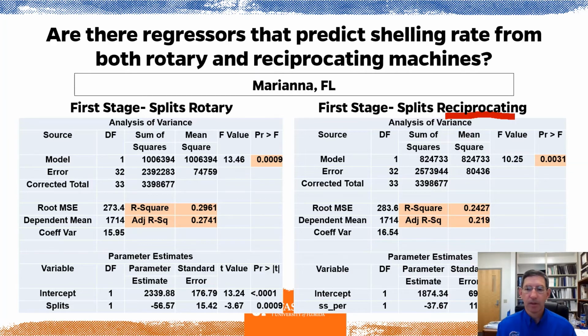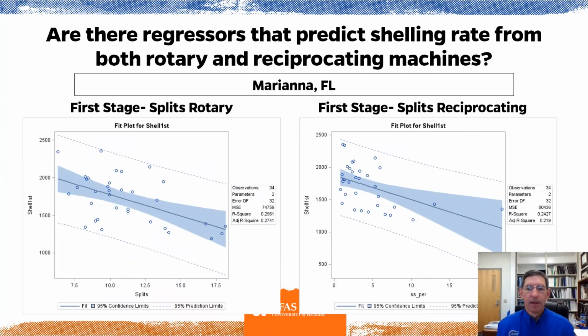There was definitely a linear relationship, but there was quite a bit of variability around the lines, explaining only about 20 to 25% of the variation in first stage shelling. And you see here that there was a broader range of splits generated in the reciprocating sheller process from Marianna, up to over 20%, about the same range that we see here in the rotary sheller from the same samples. But again, a preponderance of those less than 10%.